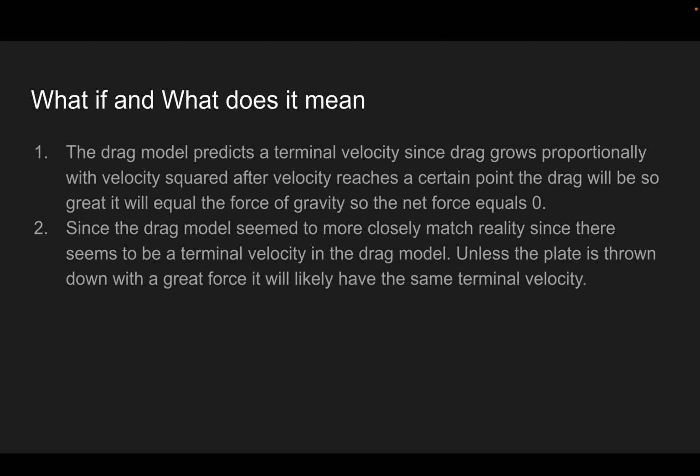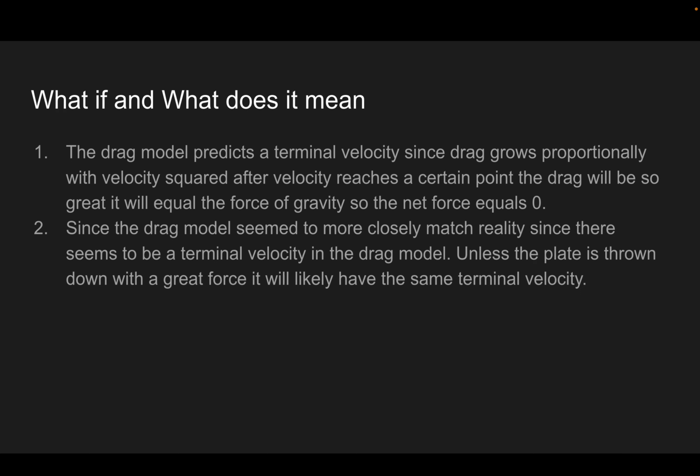Since this question is asking what happens if you throw a plate down with a certain velocity, and since the drag model seems to more closely match reality, and the drag model suggests that there's a velocity after which it's difficult to increase the speed unless the plate is thrown down with a very great force that is greater than the terminal velocity common for that object, it will likely have the same terminal velocity.